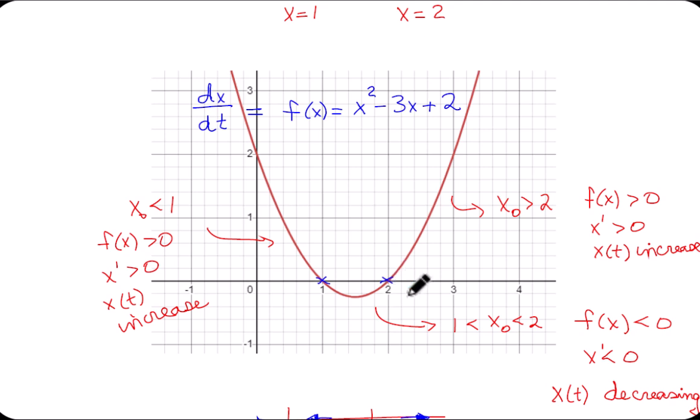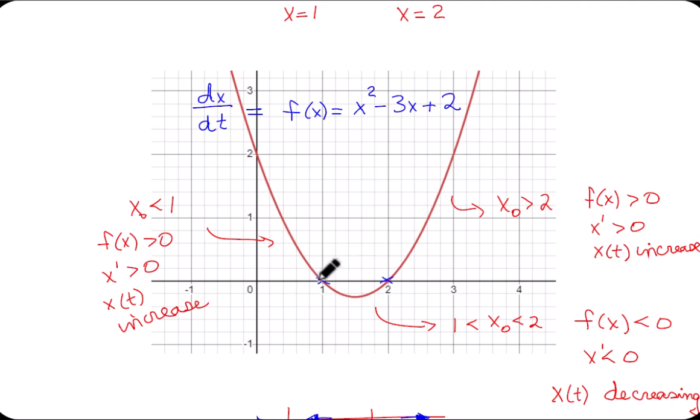If I started off bigger than 2 on this side, that means the function is positive. If the function is positive, the derivative is positive, which tells me that my solution will be increasing. So if I start off bigger than 2, the function will continue to grow.